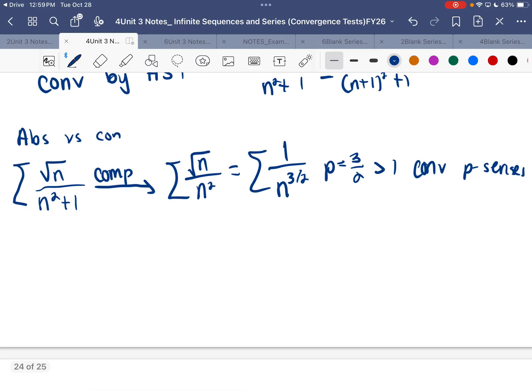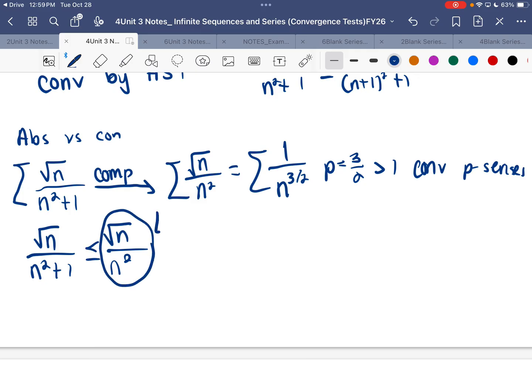So we're either doing the direct comparison test or the limit comparison test. I feel like this case is easy to look at the original thing and compare it with this one, because the original thing has a bigger bottom, so that means it's smaller than the comparison.